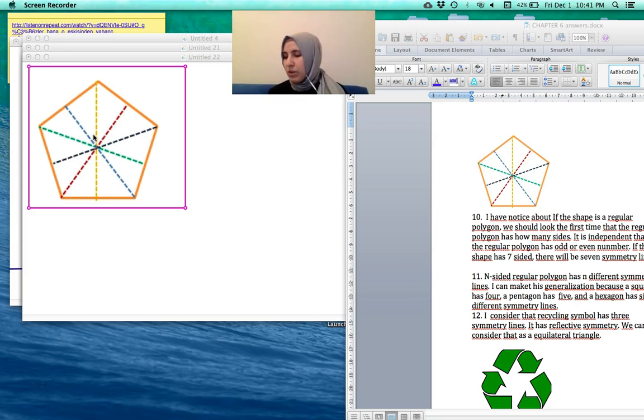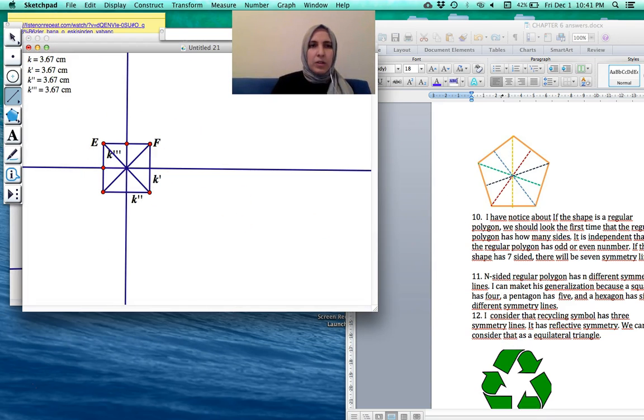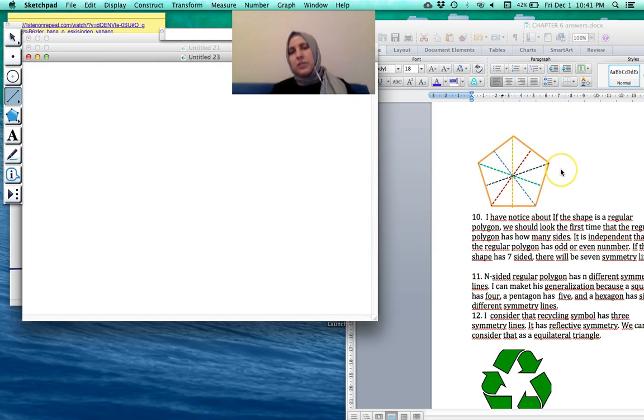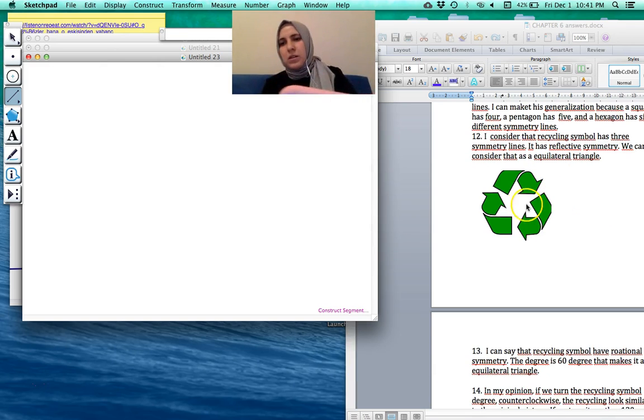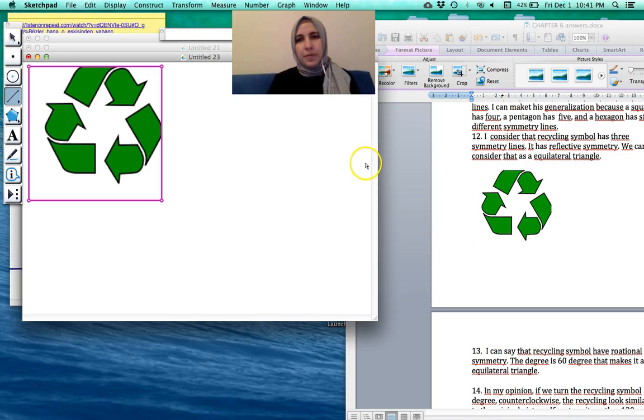Question 12. Consider the recycling symbol. Does it have reflective symmetry? Explain. First of all, we need to find a recycling symbol. There's a recycling shape. Yes.